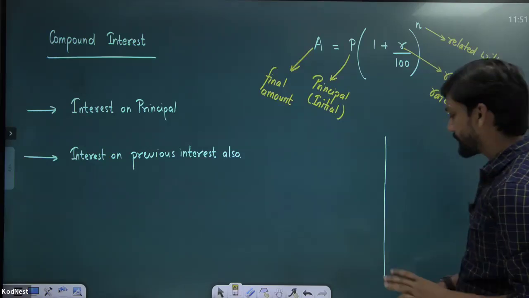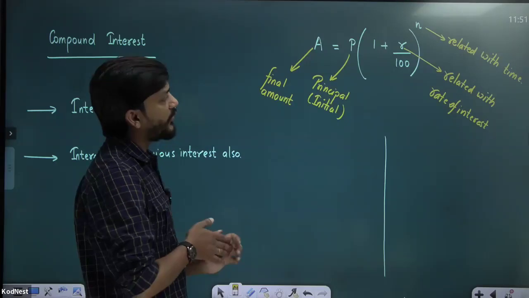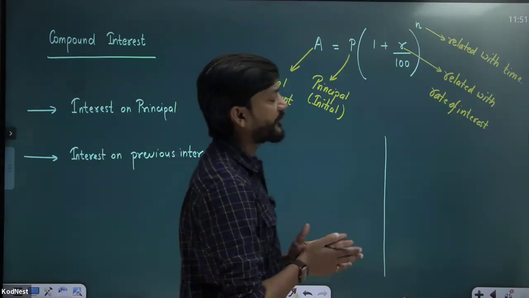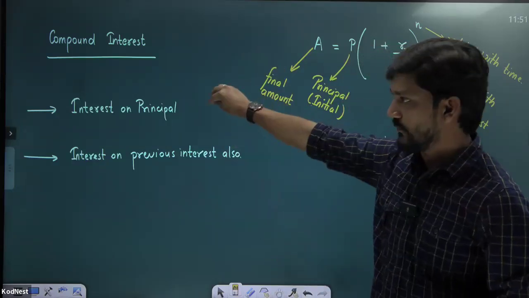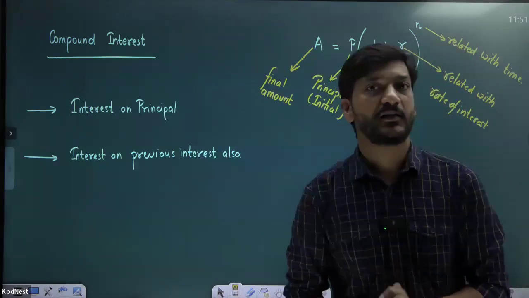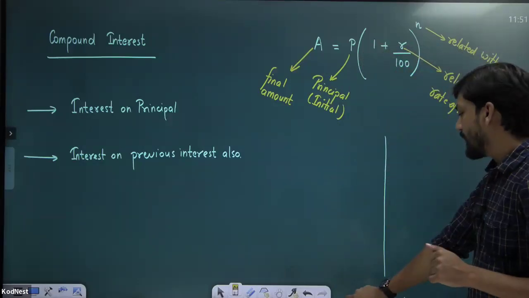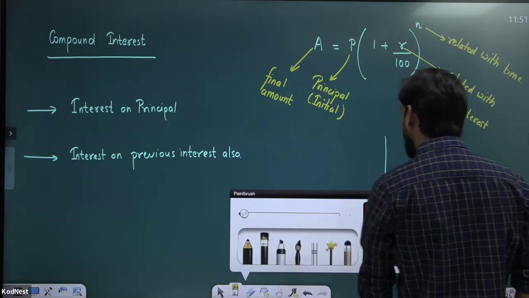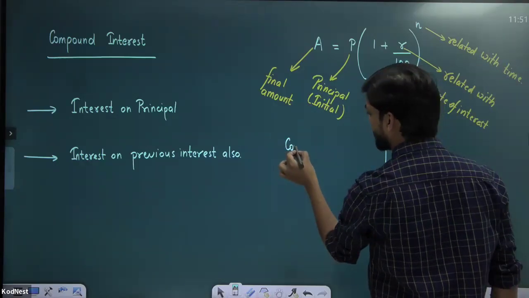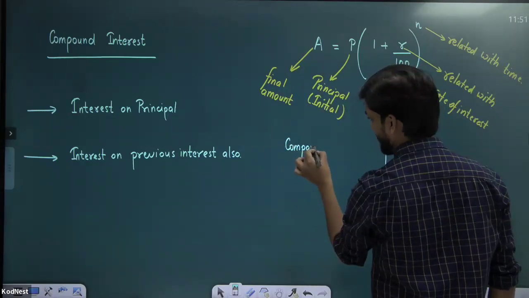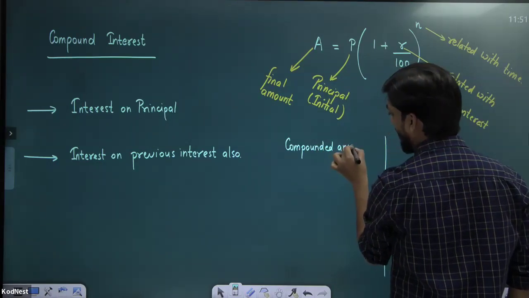All right. So why am I saying related with rate of interest, related with time? Because there are many ways in this also that interest can be calculated. So for us, two ways are important to understand. One is compounded annually.